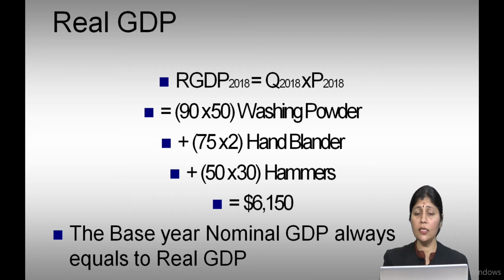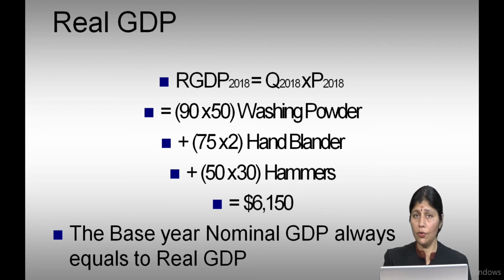By making these calculations, the prices are 50 for washing powder, 2 for hand blender and 30 for the hammers. So, our real GDP is $6,150.